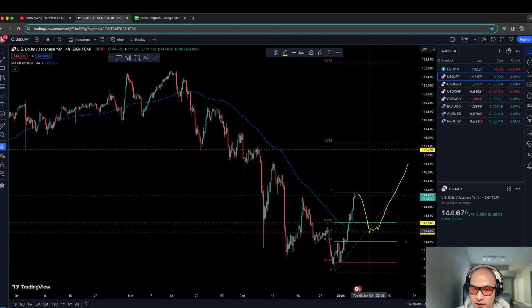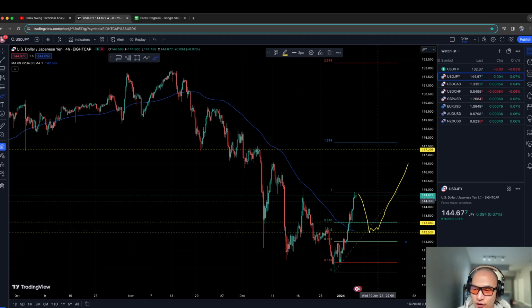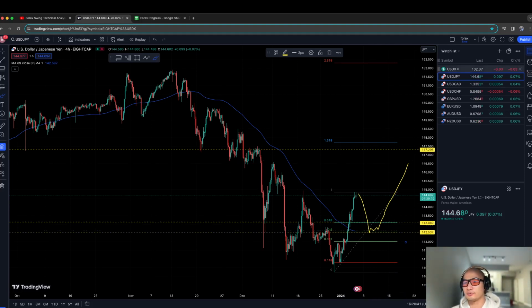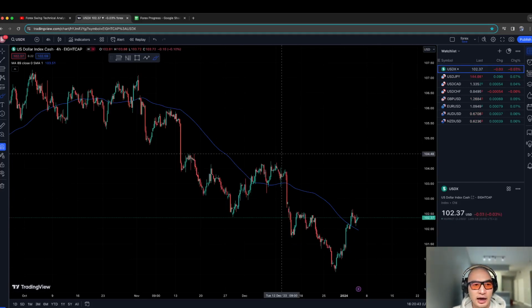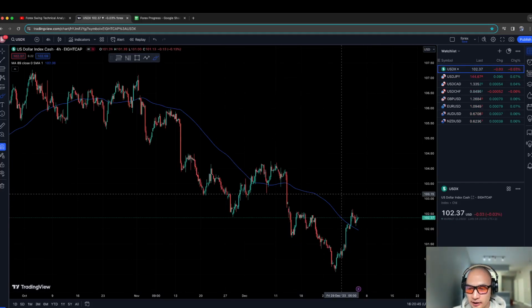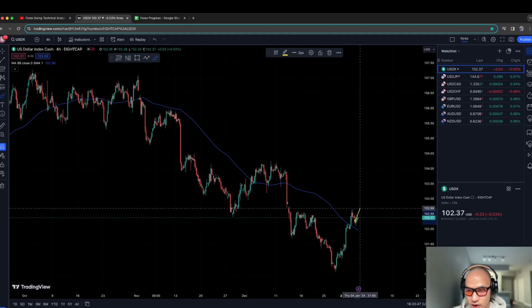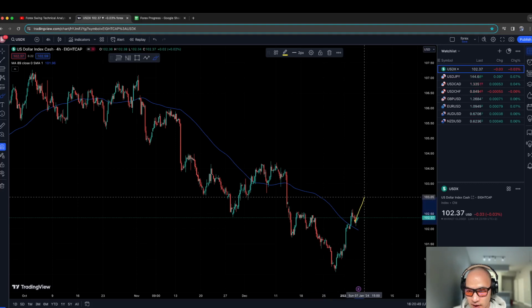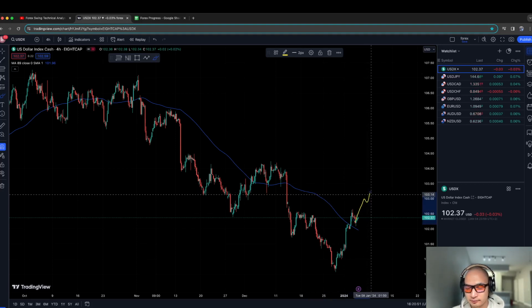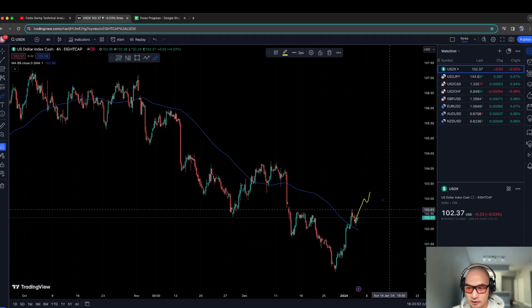Usually those big news events incur market movement, then it returns to the original trend. Also, ideally I want to see strong behavior on the dollar index like this. But who knows, we'll see.